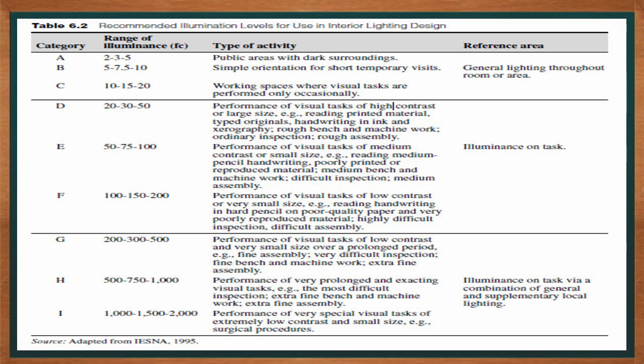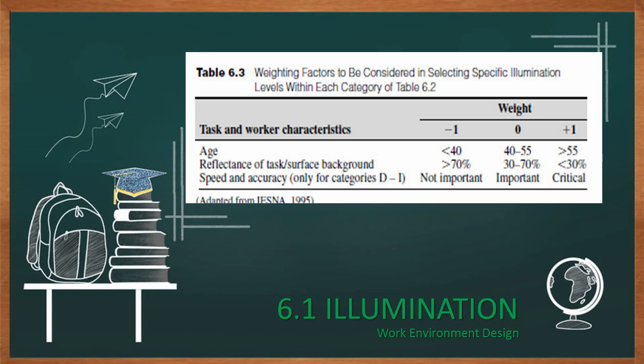So what I understand is that for us to be able to select the right range of illuminance, we have to identify what kind of activity will be performed for that particular place, and also we need to consider the people in that particular place, because age will also matter.